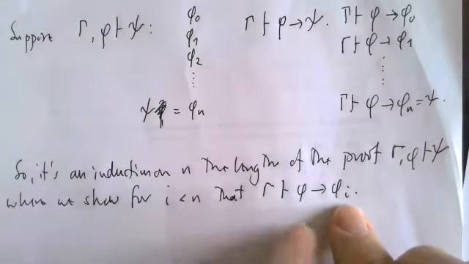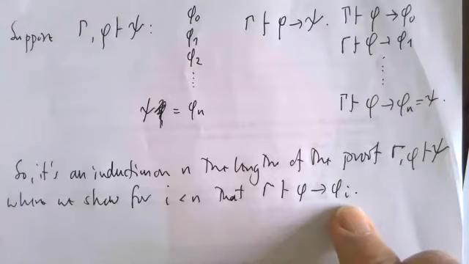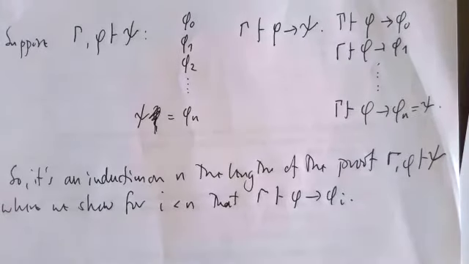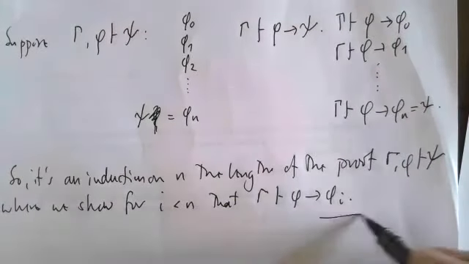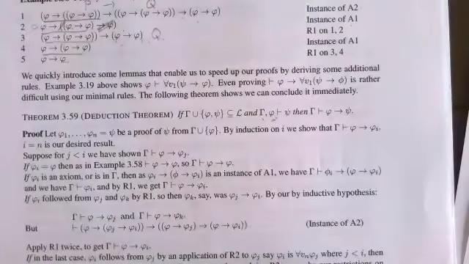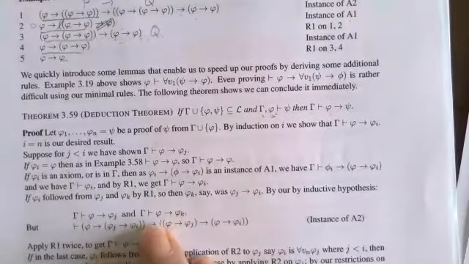And when i equals n, it's just what we want here. So it's kind of natural, right? Okay, that's all I want to say about the deduction theorem here.